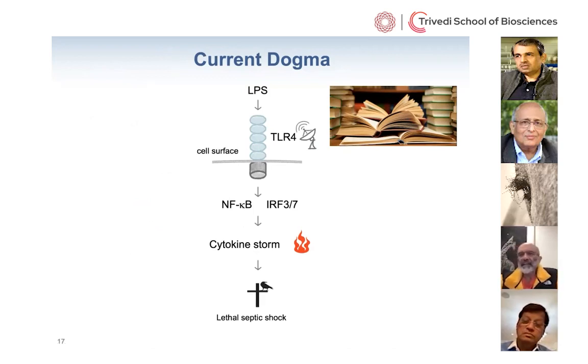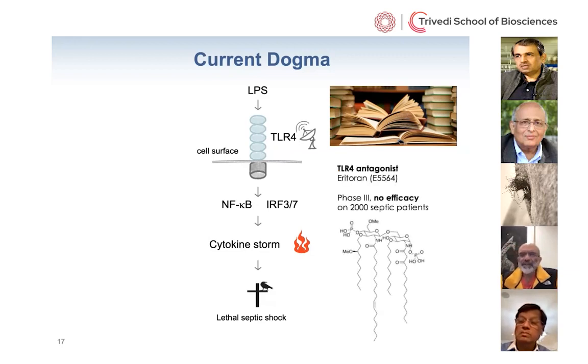I mean, this is fine, but the problem is that there was a pediatric geneticist, Jean-Laurent Casanova, who said, you know, I have kids who have genetic defects in this pathway, and they're actually not susceptible to gram-negative organisms. So there must be another LPS sensing pathway. So that was a bit of a worry.